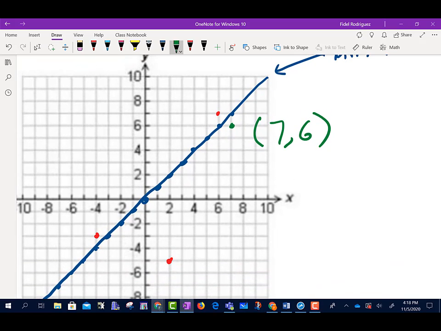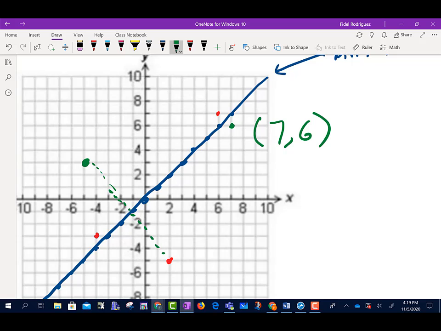So I'm going to do the same thing for this red point down here. I'm going to kind of draw a little dotted line, just to give you an idea of what I'm doing. Trying to get to right here-ish.